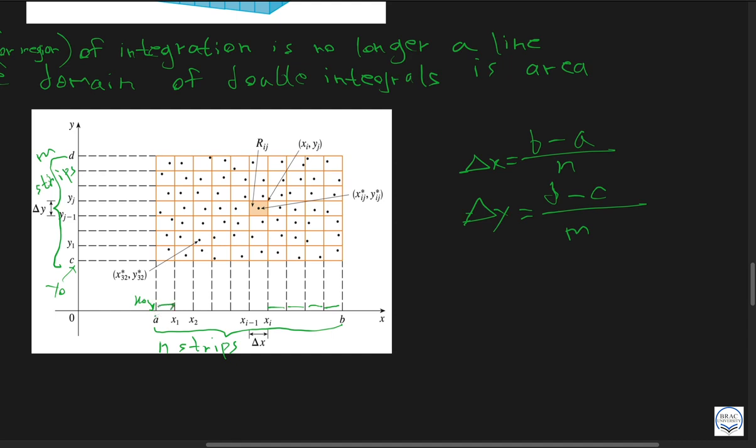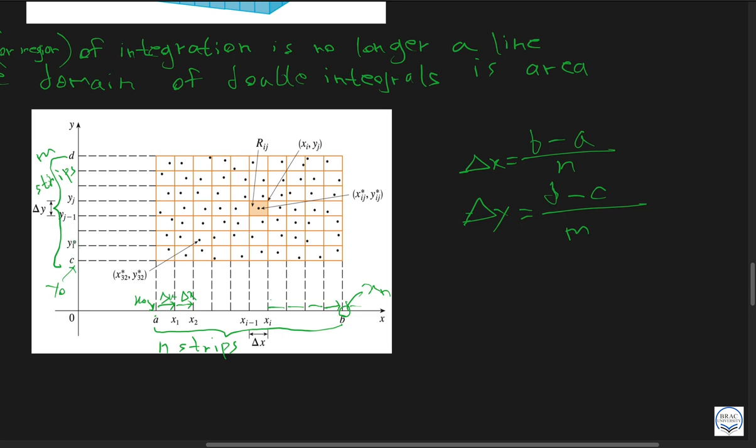Right. Also, we can index them. It's the same logic as before: x naught starts from a, and then we move one step towards the right by delta x units to get x1, and repeat the process again with delta x units to get x2, and as we keep on going to the right by delta x units, at the very end we'll get b, which means that this is xn.